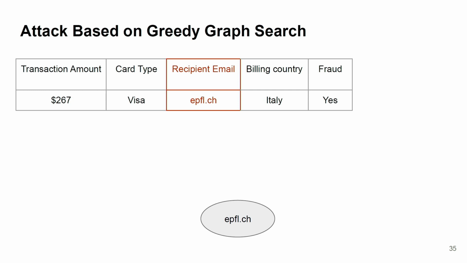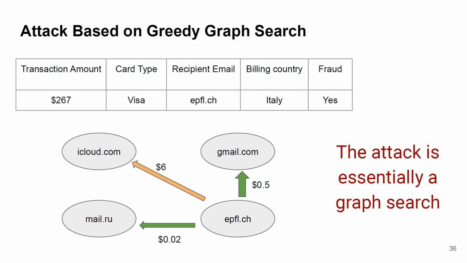And if you reason that way, you can interpret the adversarial attack as a path in this graph. So in order to find an adversarial example, you need to perform a graph search where you find the node which flips the decision of the classifier within the given cost or utility constraint. And that is how it works.